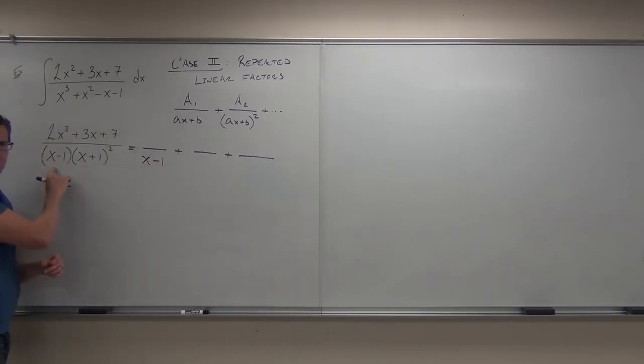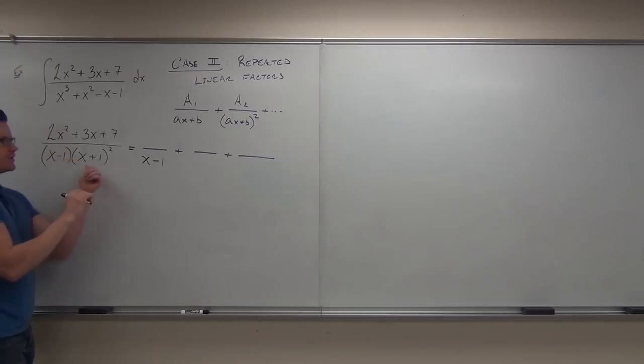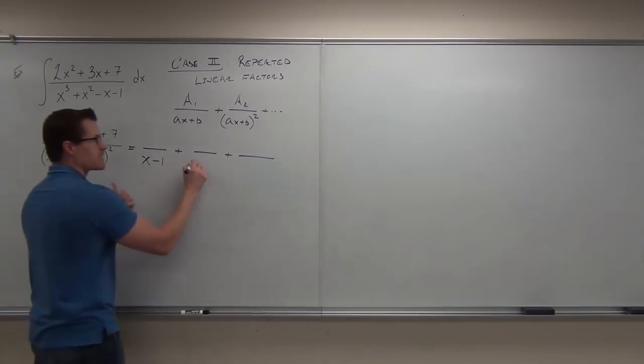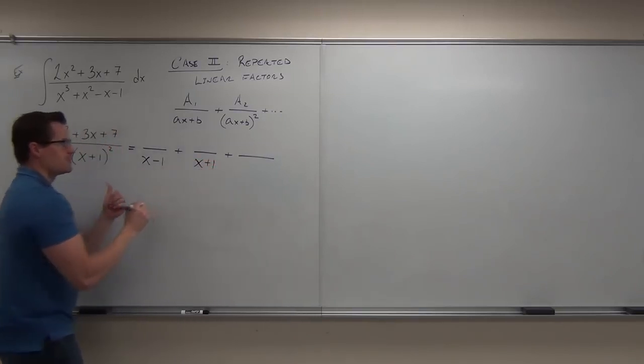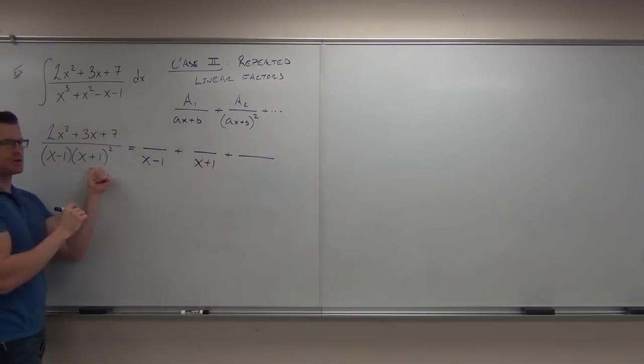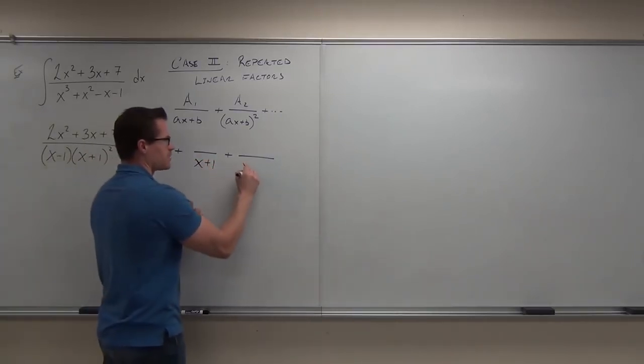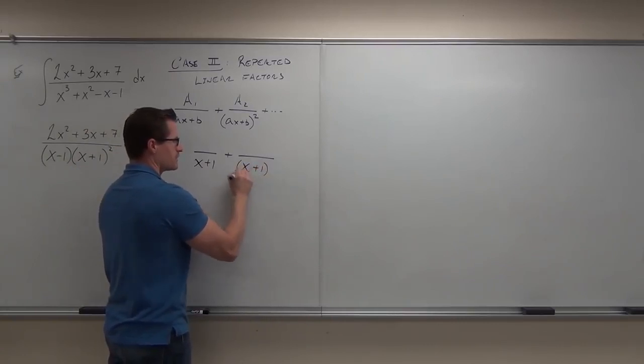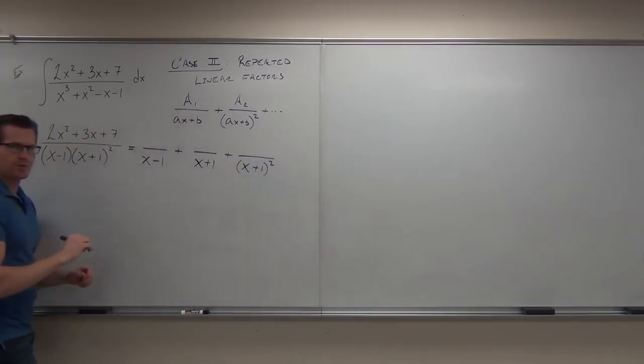You guys with me? And then what we do is we say, have we exhausted all the powers of x minus 1? Yeah. There was just one of them. We're good. Now we move on to the next one. X plus 1's got to be here. Have we exhausted all the powers of x plus 1? No. So we go x plus 1 squared. Very good. Okay, let's see if you're paying attention.